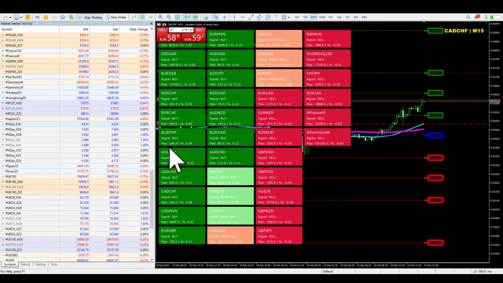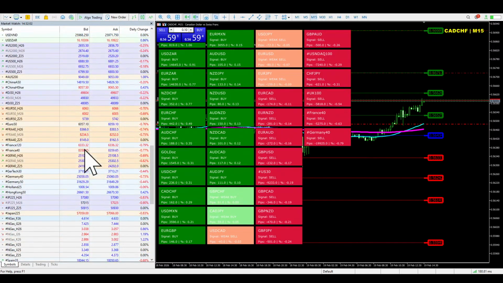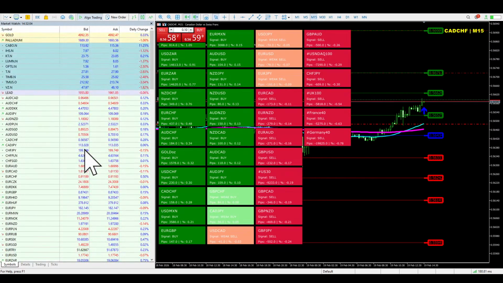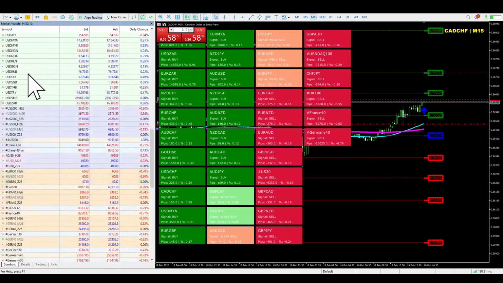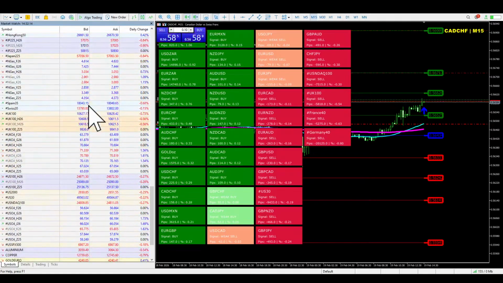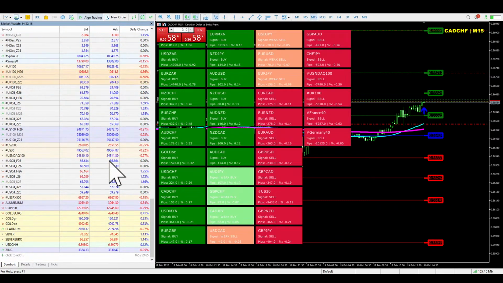Let me see on the market watch what it is labeled as. You see, I wrote it as XAU USD. That's why my scanner wasn't picking it up. I just have to type in gold the way the broker has it.